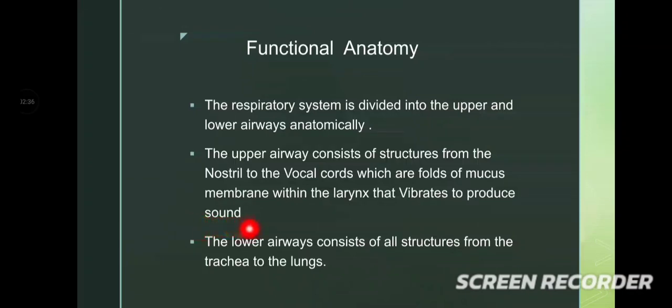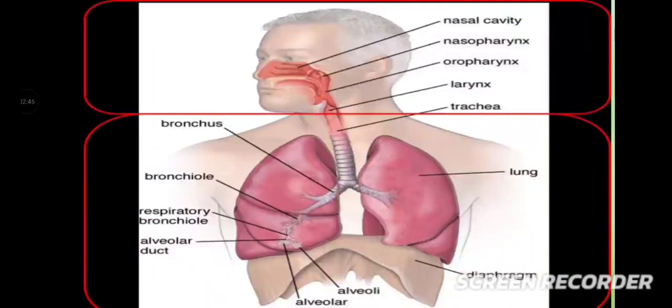Then the lower airways consist of all structures from the trachea to the actual lungs. That is the lower airway. So, as can be seen from this diagram, from the nasal cavity all the way up to the larynx, that is the upper airway.